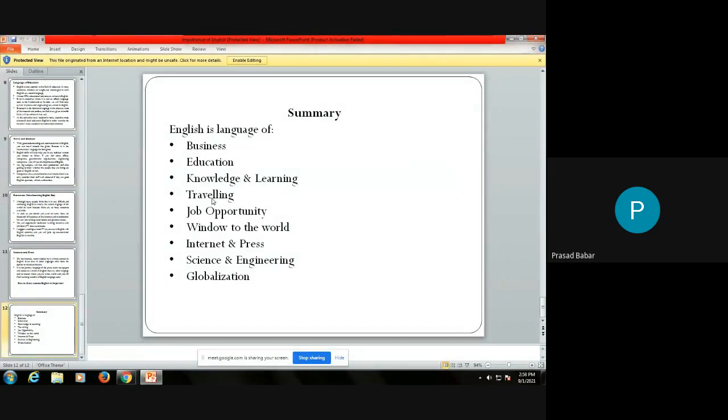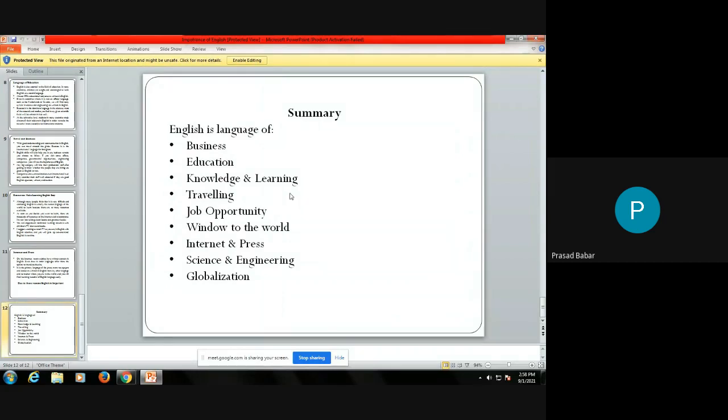The window to the world means that through this window we can see the world with ease. English is the window, and through this window we can see towards the world. It is the language of internet and press. It is the language of science and engineering, and that is why it is the global language.